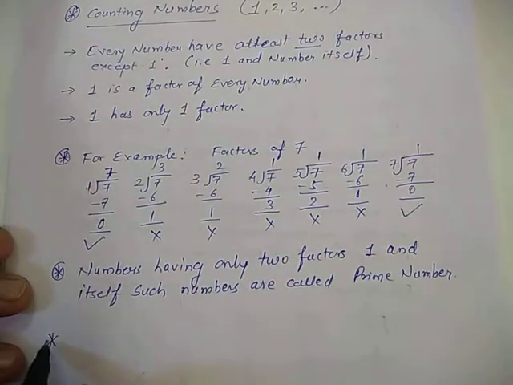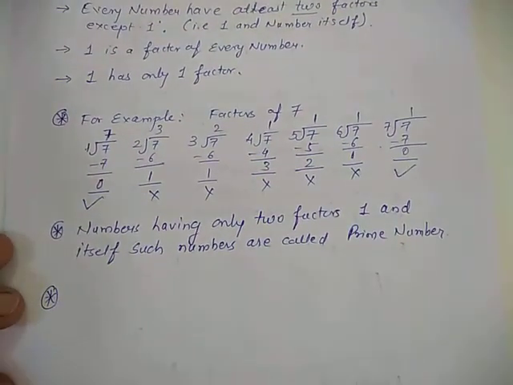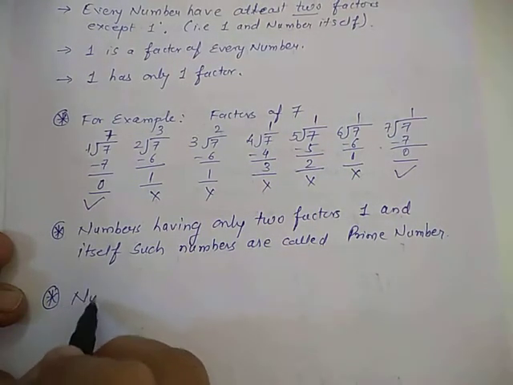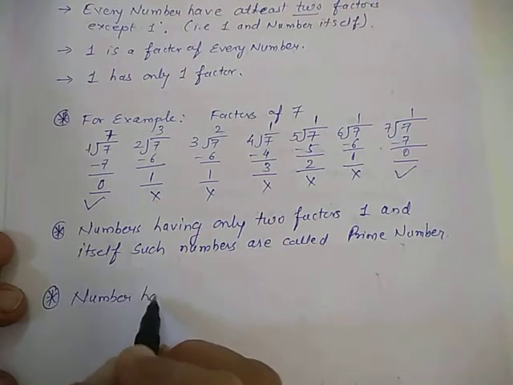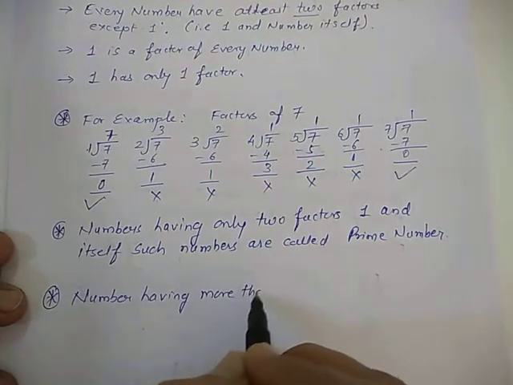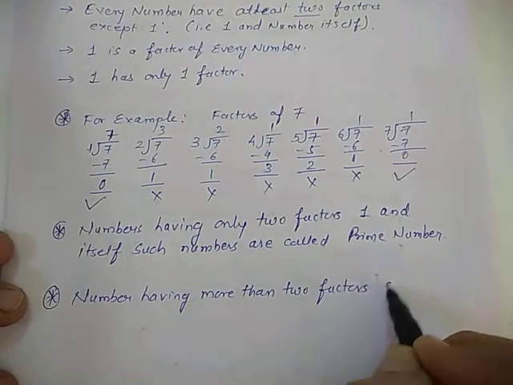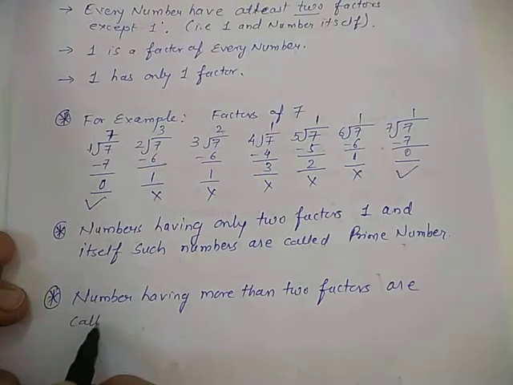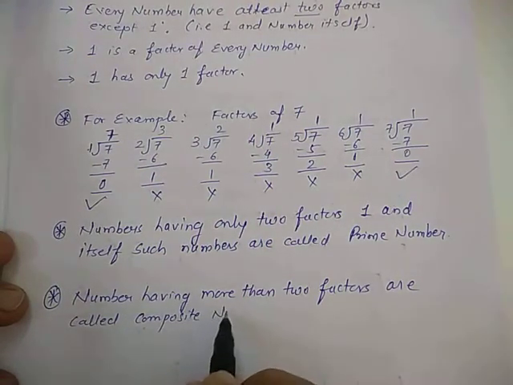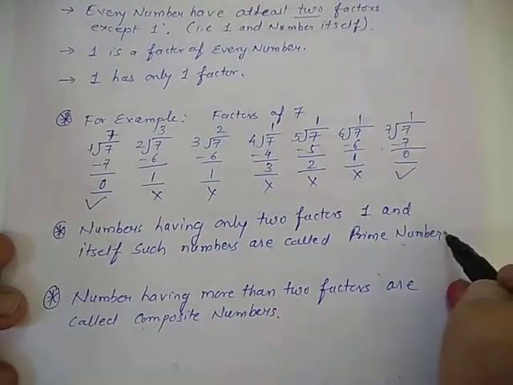But we found that 6 is a number having more than two factors, meaning four factors. So numbers having more than two factors are called composite numbers. Clear?